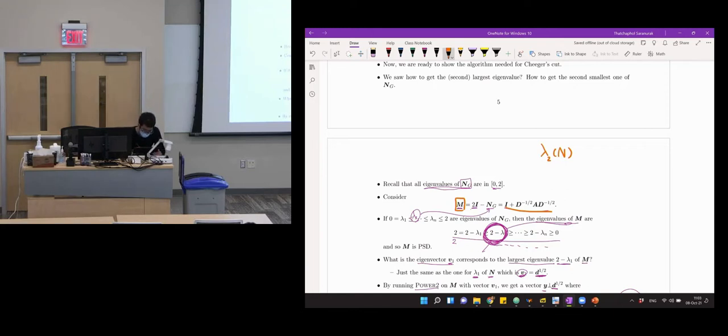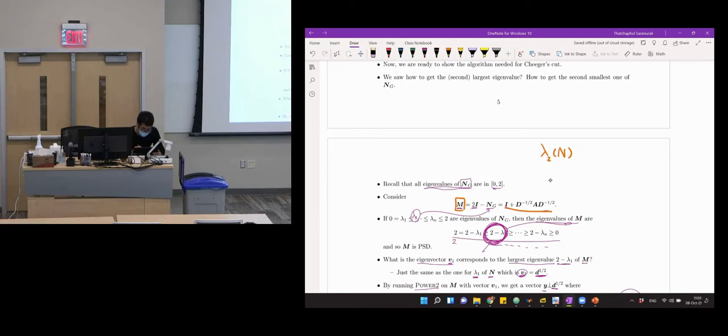So this thing is not exactly W tilde, but they are the same if the graph is regular.